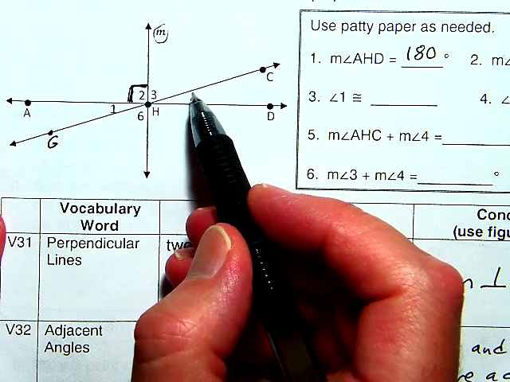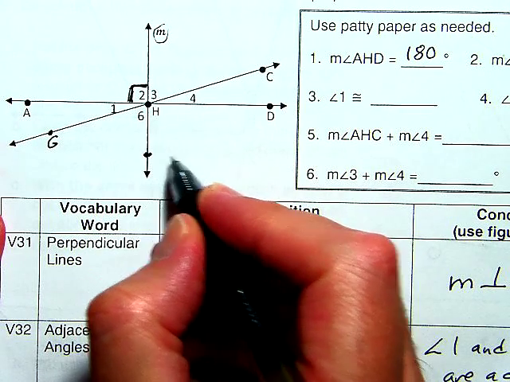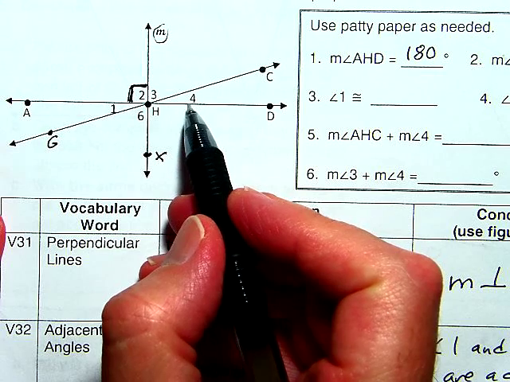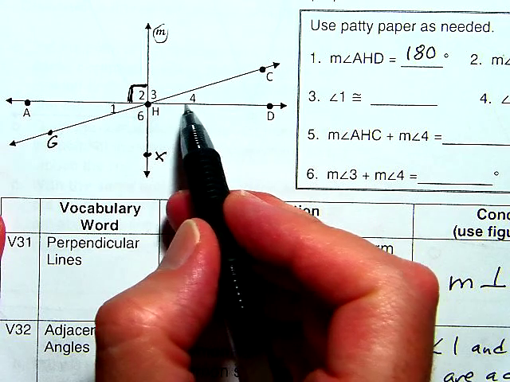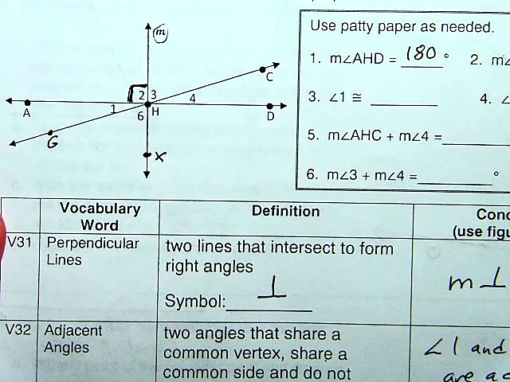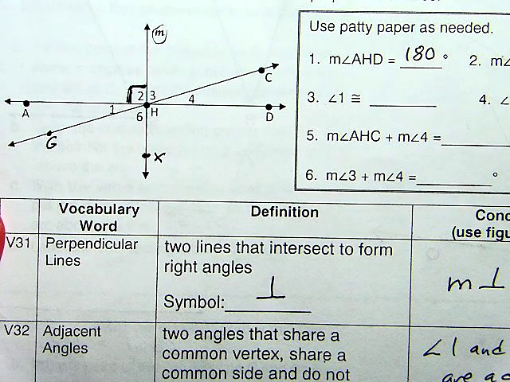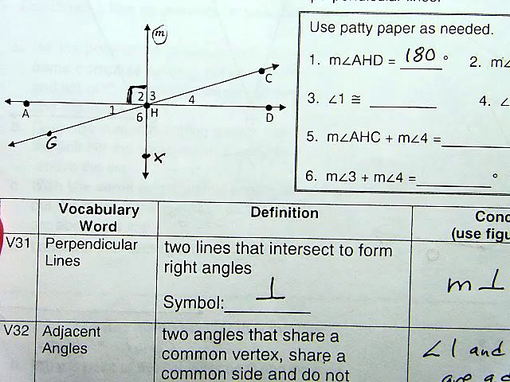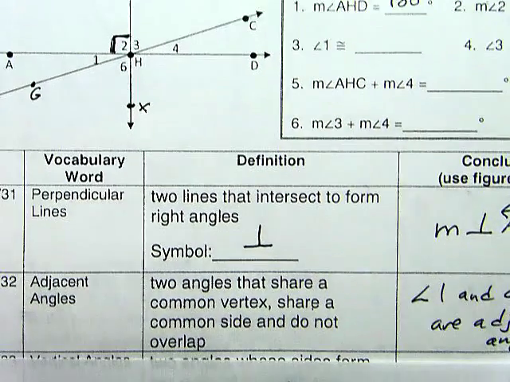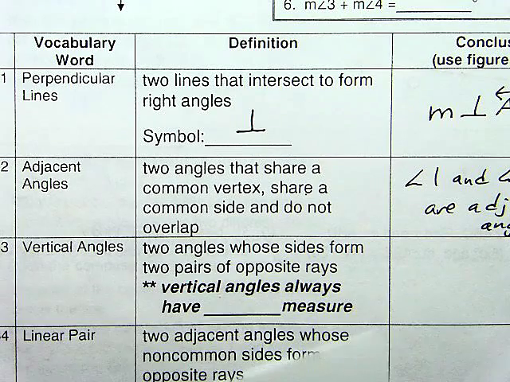And angle 4 and angle, well, we'll have to give a letter, we'll call this X down here. Angle 4 and angle DHX are also adjacent. You should spend a little bit of time thinking over those examples and convincing yourself that indeed all those pairs of angles are adjacent. They all have a common vertex, share a common side, and do not overlap. So we have a lot of pairs of adjacent angles. Let's move on to our next definition.